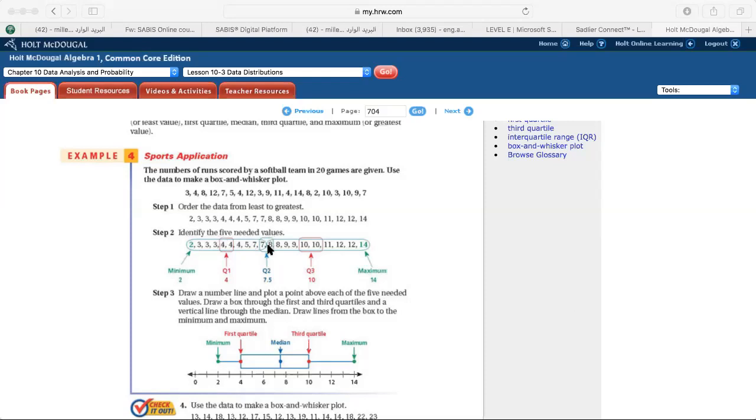Before I identify them, I want to make 2 groups for these values. As you see here, there is a group here, and there is another group here.